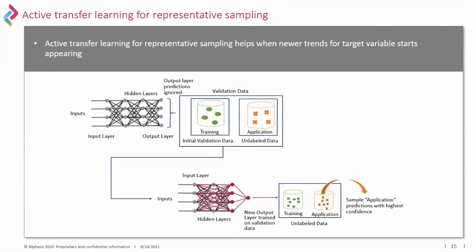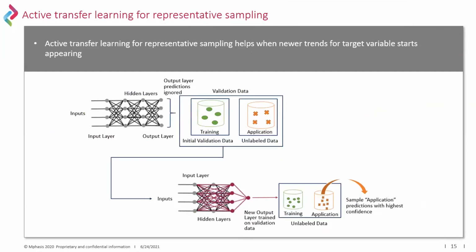Let's call it the training domain data. But over time, unlabeled data also has sports category headlines along with business and entertainment, and we call it the application domain data. To increase the representation of news headlines belonging to the sports category, this sampling strategy can be used, because initially the sports category data was not part of the training data.